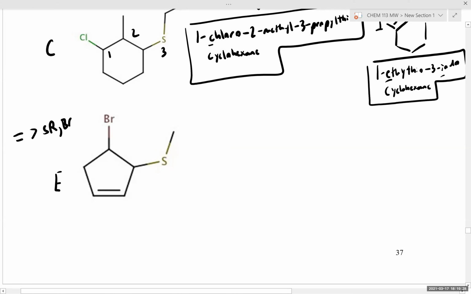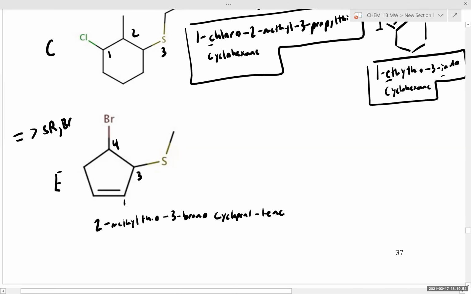So we have multiple proposed names. The common name that I see in the chat, let me just put the numbers here, is 2-methylthiol, 3-bromo, cyclopent, 1-ene.